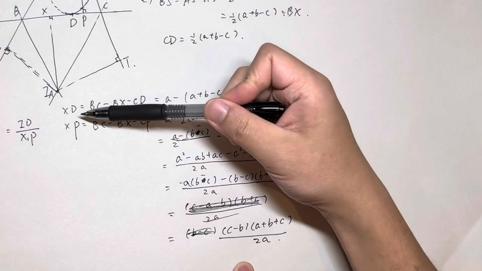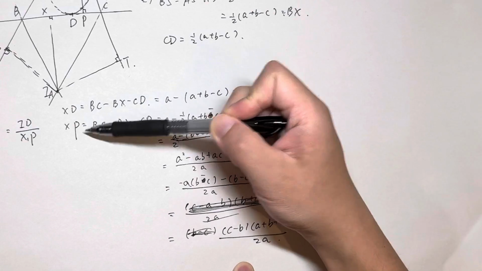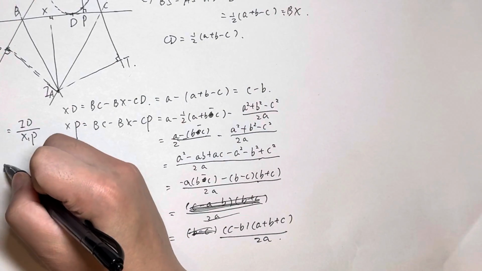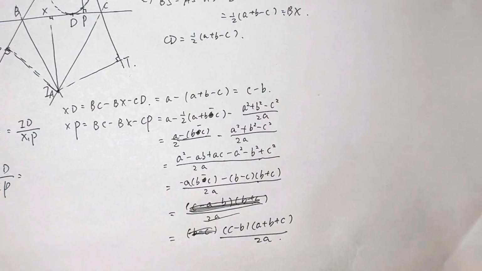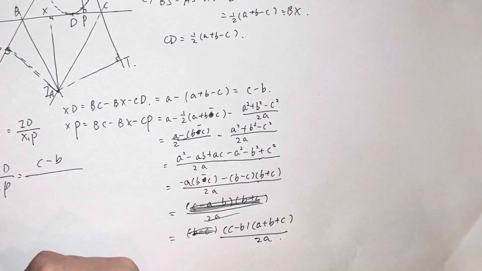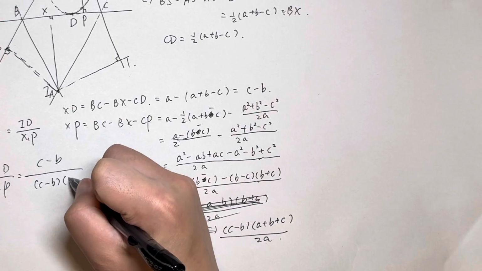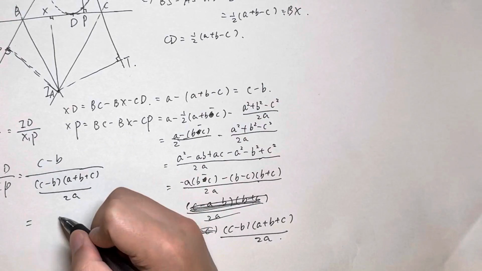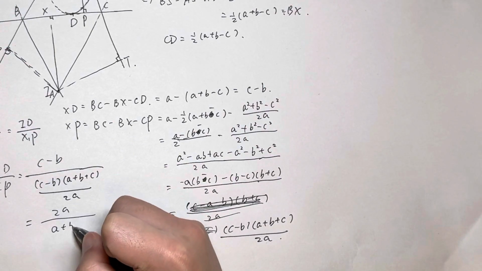So now we have the ratio XD to XP. XD to XP equals c minus b to (c minus b)(a plus b plus c) over 2a, which equals 2a to a plus b plus c.